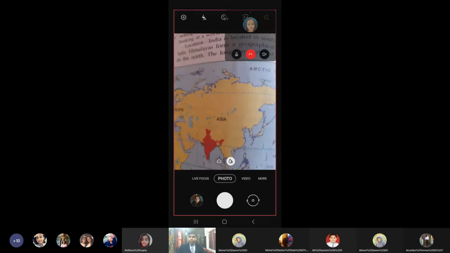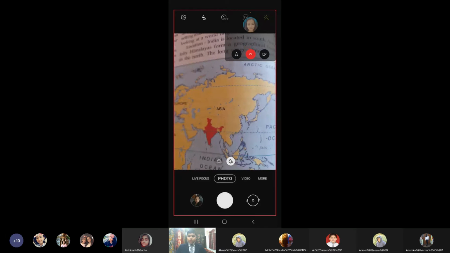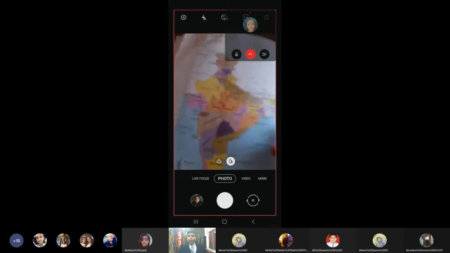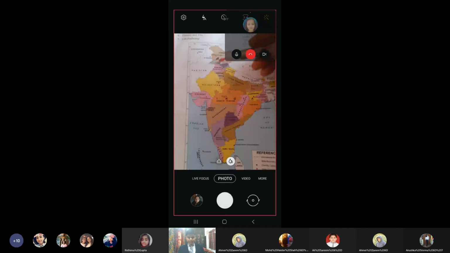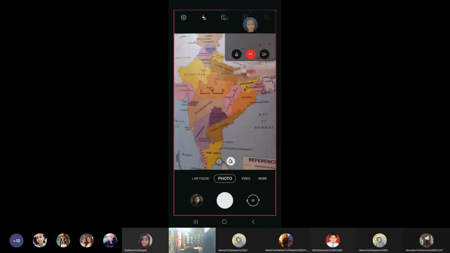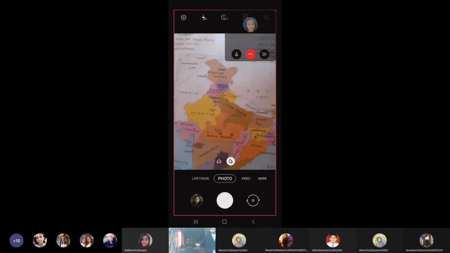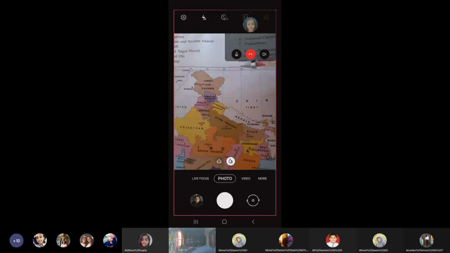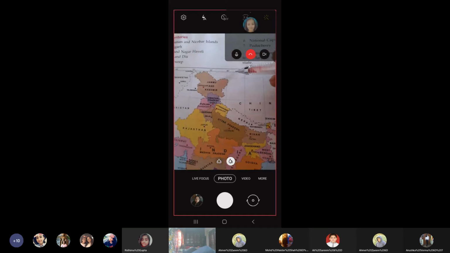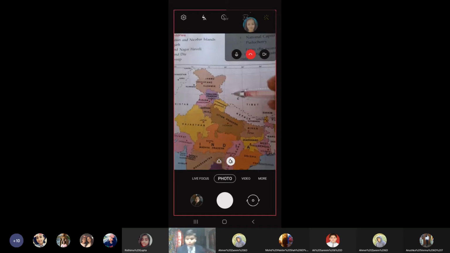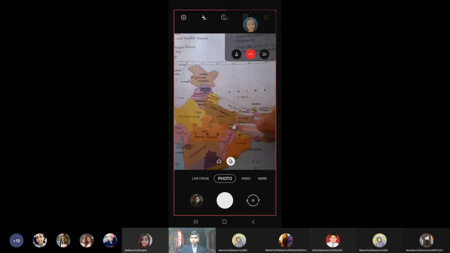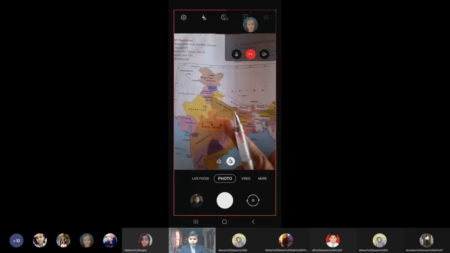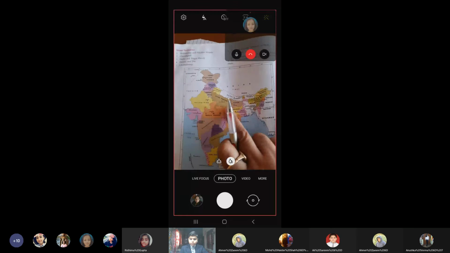Clear? Then they talked of the standard meridian from which the time is calculated. Now, how is time calculated? There are various longitudes here, but we take 82.5 degrees. This is 80, this is 84. That means 82 comes somewhere in the center here. We follow this longitude and calculate the time for India. This longitude lies in the center.